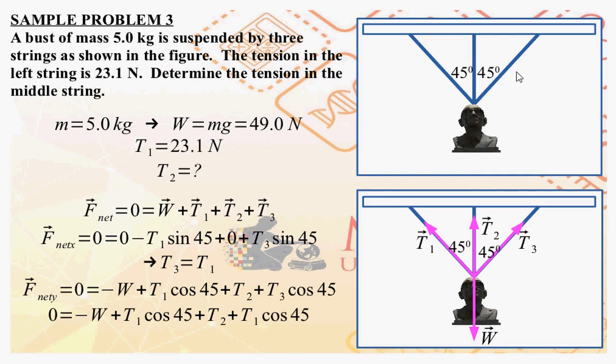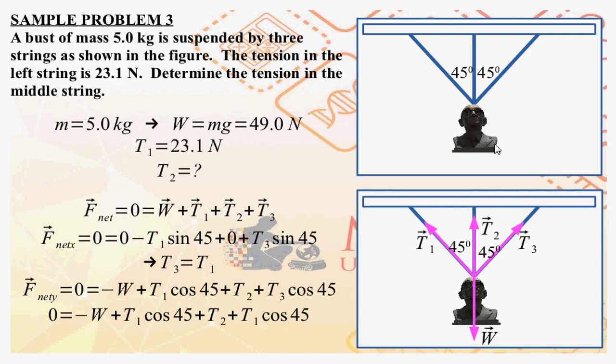The strings will react by pulling at the endpoints. As far as the object is concerned, there are 3 tensions that are pulling it upward. You have tension T1, T2, and T3. One for each of the 3 strings that we have in our system.